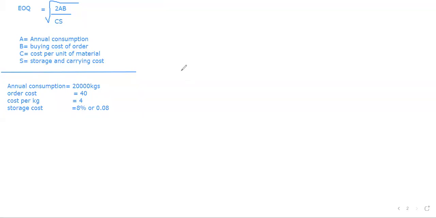When I go with the EOQ method, EOQ is equal to root of 2AB divided by CS.